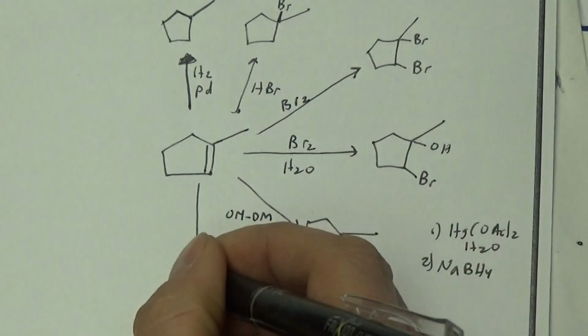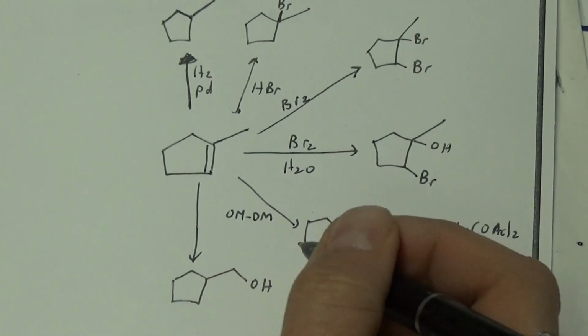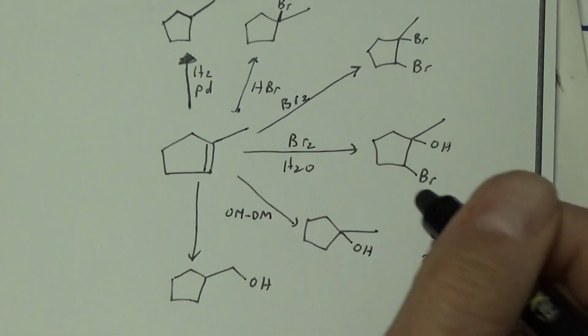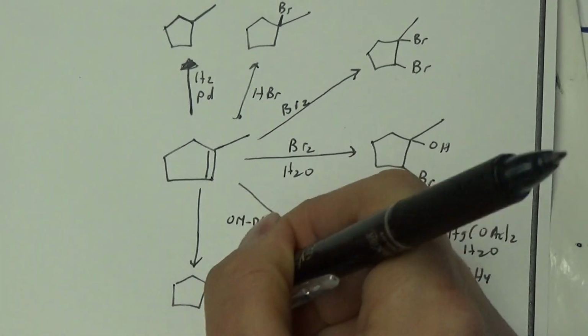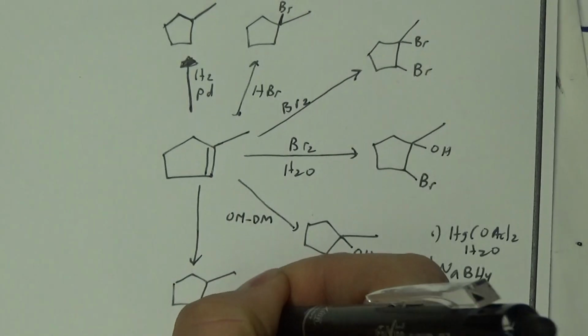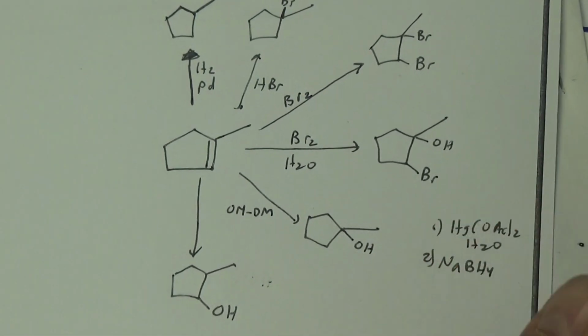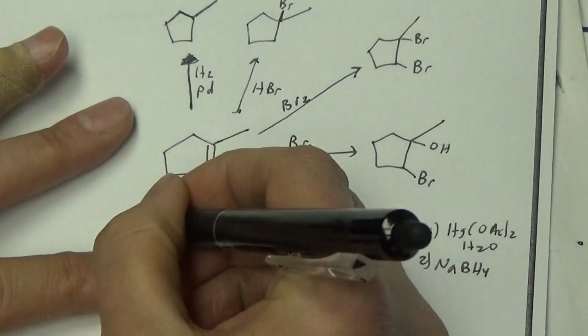And you could also make the anti-Markovnikov alcohol. What was that one? That was not the mercury one, it was the boron one, HBOX.